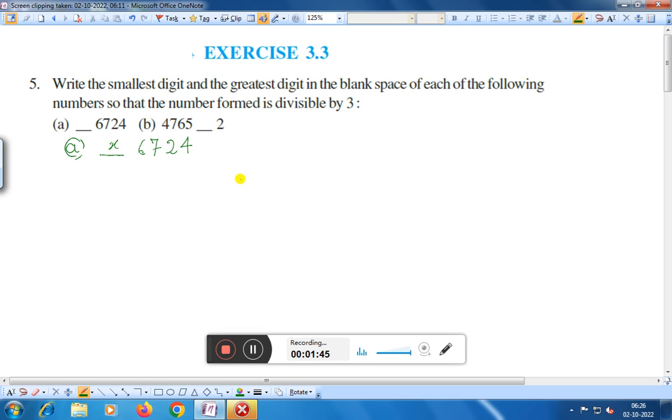Now if we add all the digits, we get x plus 6 plus 7 plus 2 plus 4. Here we will get one number such that the number is divisible by 3, right?